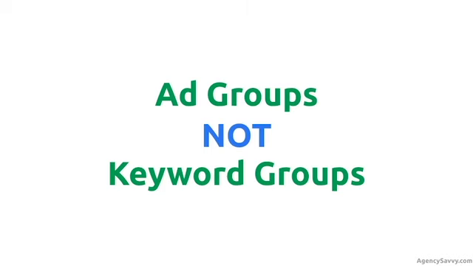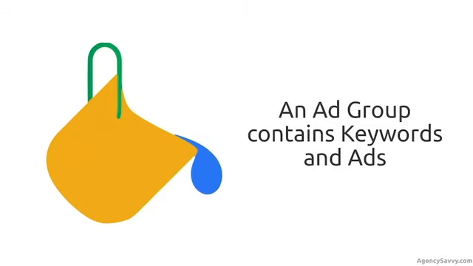And the key thing here is the name. They are called ad groups, not keyword groups, for a reason. The reason that you want more than one ad group is to show the right ad to somebody. I'll explain that as we go. Think of an ad group as a bucket, okay?